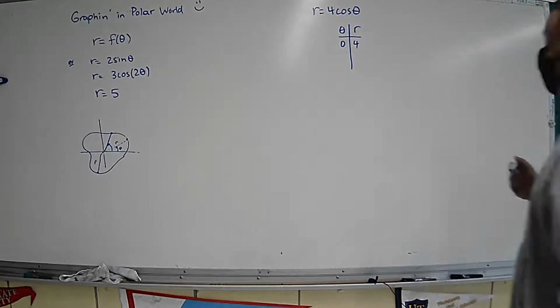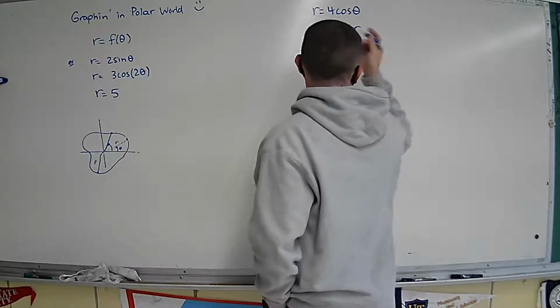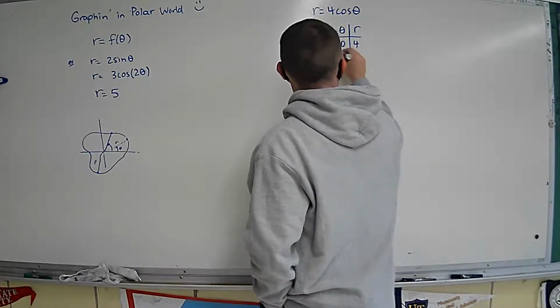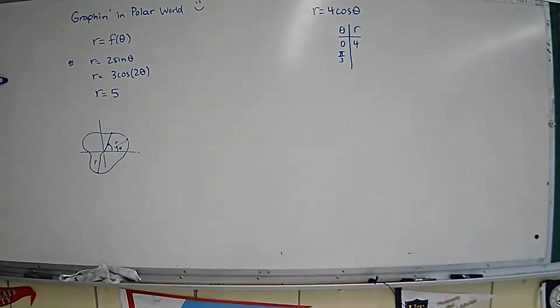Now let's increase theta a little bit. How about when theta equals pi over 3? What's r? Well, let's just use the computer to calculate that. So we can just do r of pi over 3.